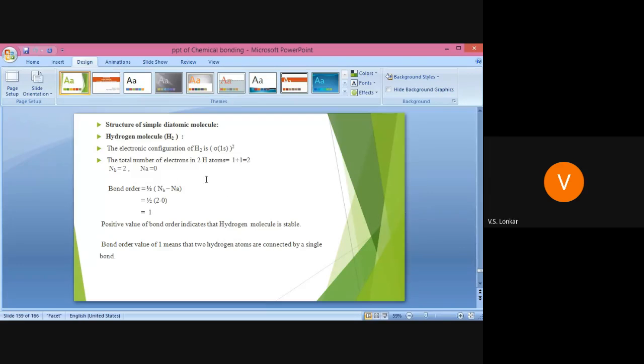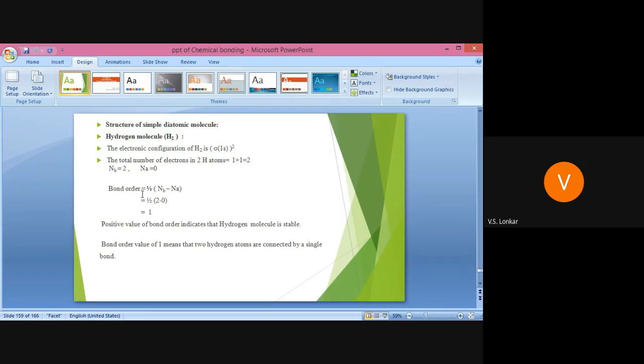In that, whatever valence electrons are present, only those valence electrons we have to add in the molecular orbitals. Hydrogen has atomic number 1, so total electrons are 2. Therefore first we fill them into the molecular orbital sigma 1s2. Then we have to calculate the bond order.